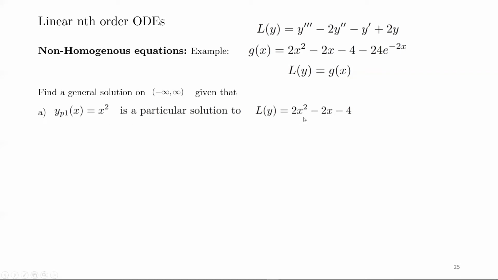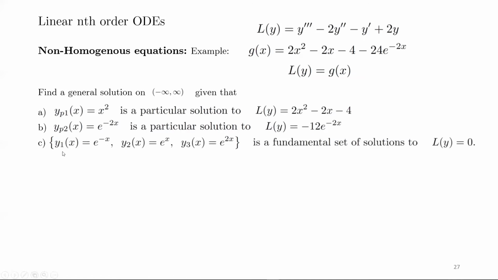Similarly, we can write yp2, a second particular solution, equal to e to the minus 2x, which is a particular solution to the ODE L of y equals negative 12 e to the minus 2x. So that looks very similar to our term here. Negative 24 e to the minus 2x is just a factor of 2 missing.